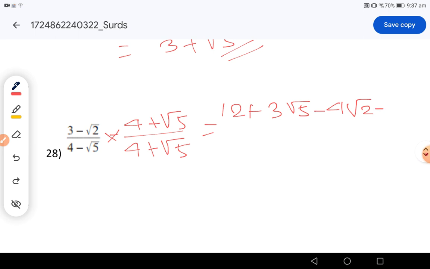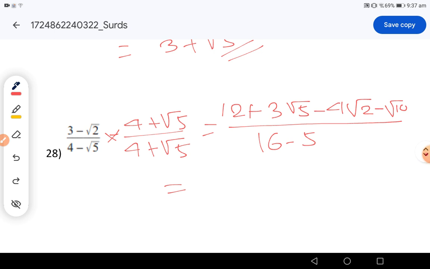So minus root 10, divided by 4 squared, 16, and minus 5.